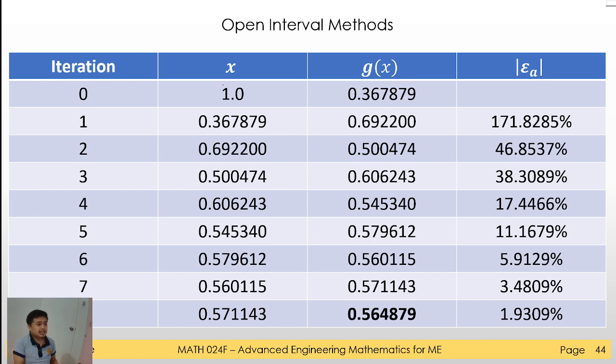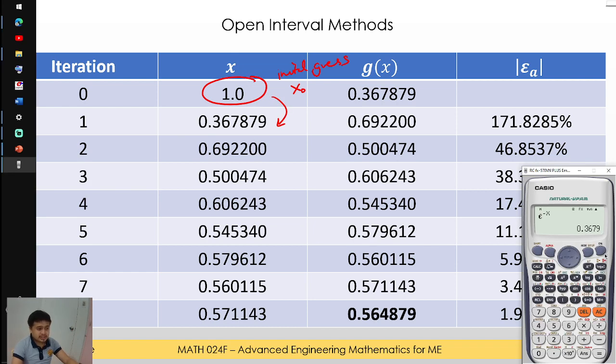So this is the initial guess, which is also called x sub 0, the iteration at iteration 0. The second guess will become 0.3679, and then we keep on substituting this answer.